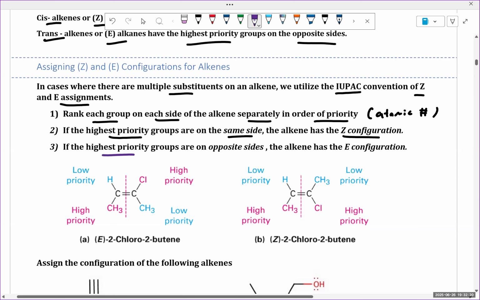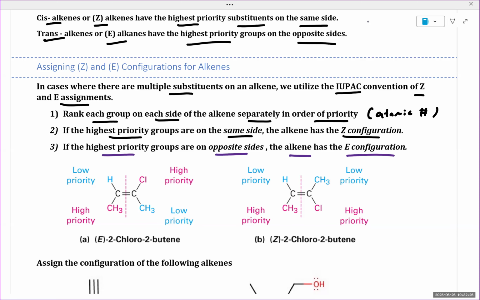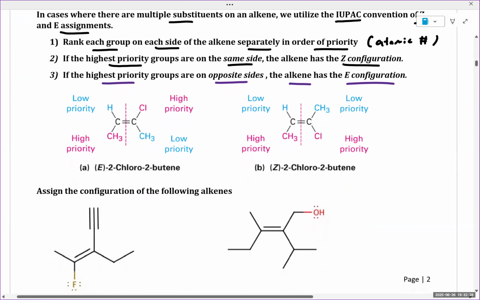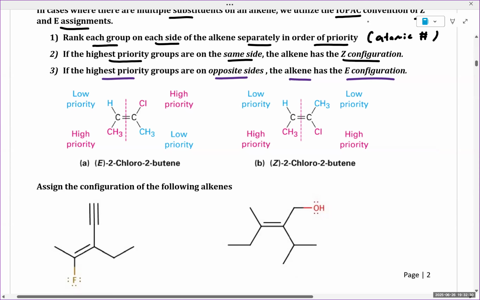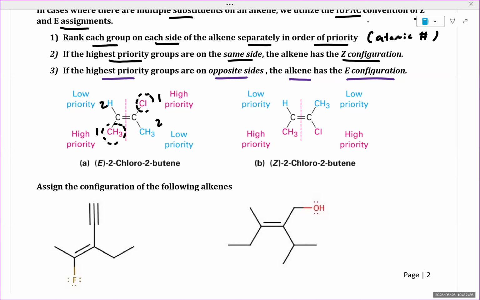While if the highest priority groups are on opposite sides, the alkene has an E configuration. For example, E-2-chloro-2-butene is E because the 2 high priority substituents are on opposite sides, while Z-2-chloro-2-butene is Z because the high priority substituents are on the same side of the double bond.